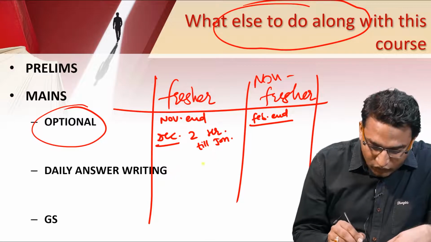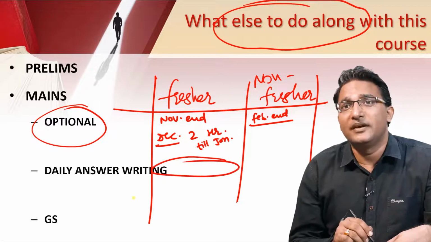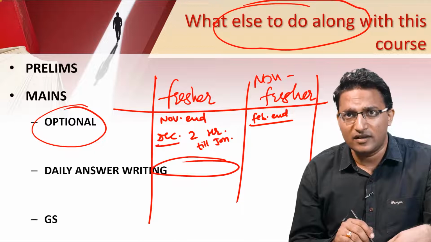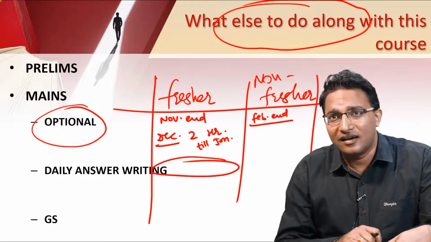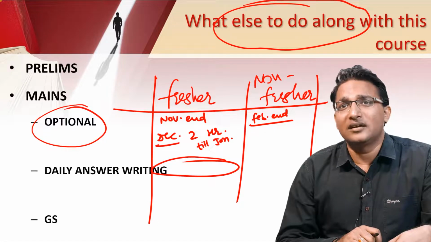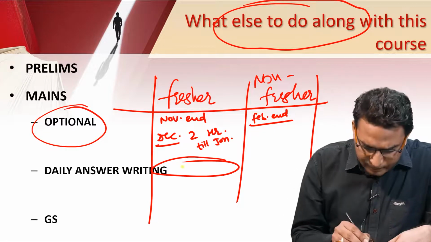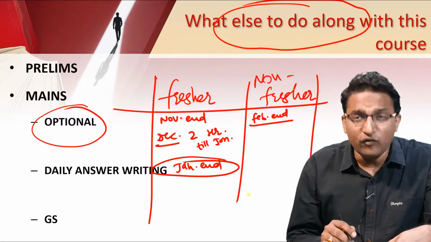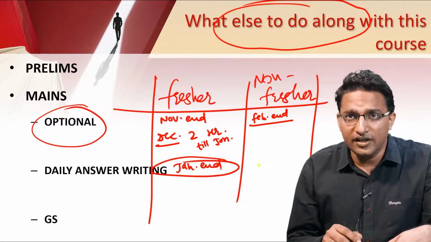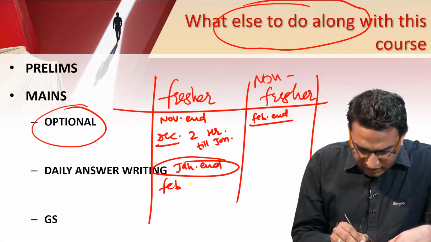Daily answer writing for the fresher. If you have already studied the basic syllabus of the mains, for example ethics and maybe the economy, then you can start the answer writing and you can complete it maybe by the end of January. If you have done very good study, then you can continue with the daily answer writing till February end.